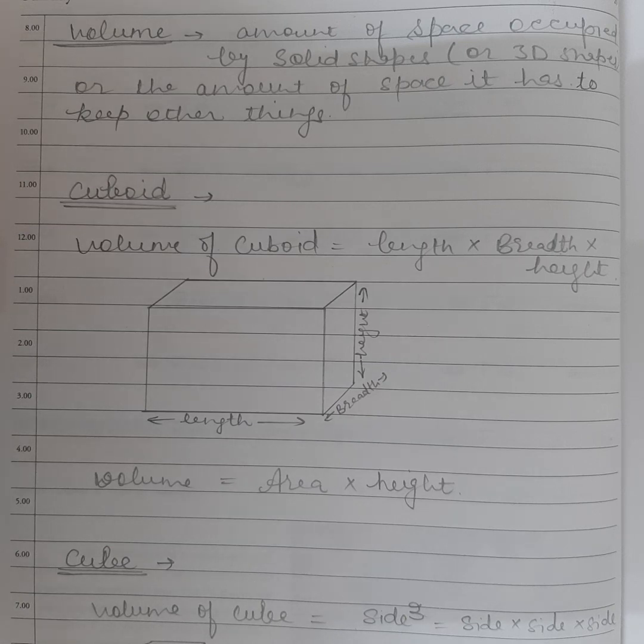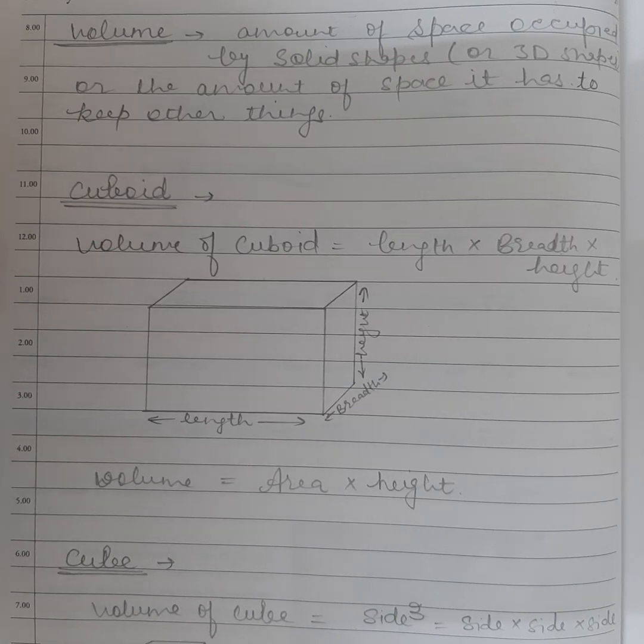So firstly you will calculate the volume of the things you have, like almirah, refrigerator, microwave oven, beds, etc., and then you will see the volume of the truck which will be used to carry these goods from one place to another place. So we can find the volume of the truck and we can find the volume of our goods, and we can see which truck will be suitable.